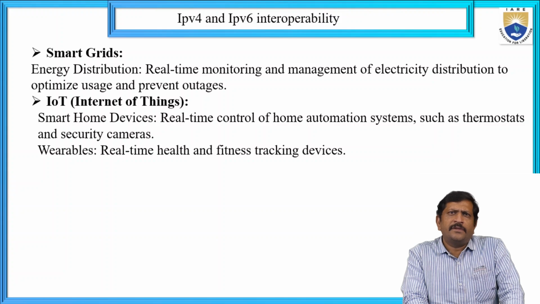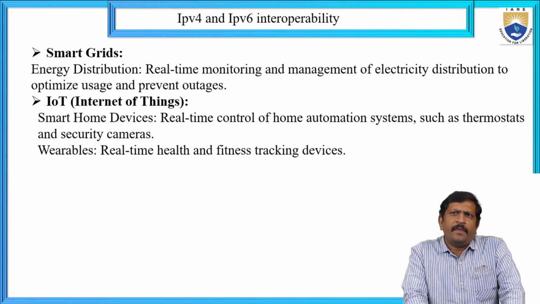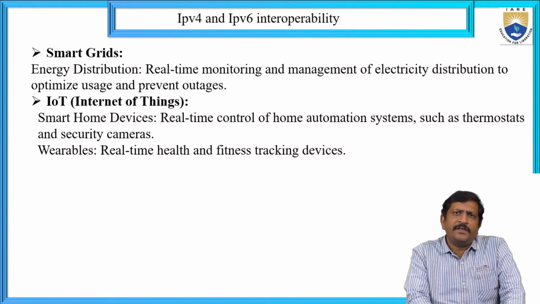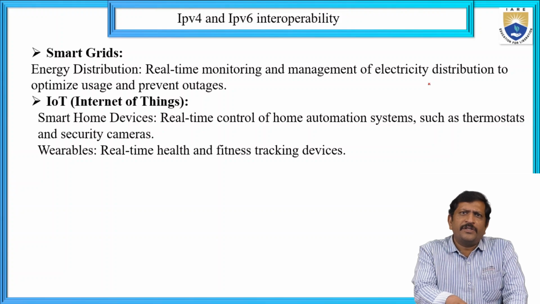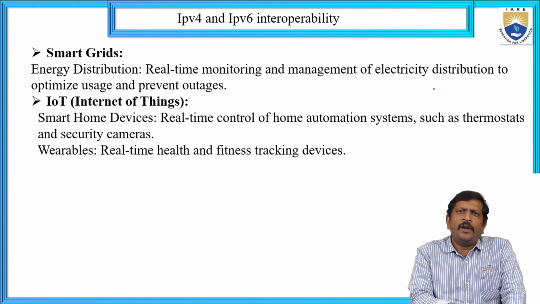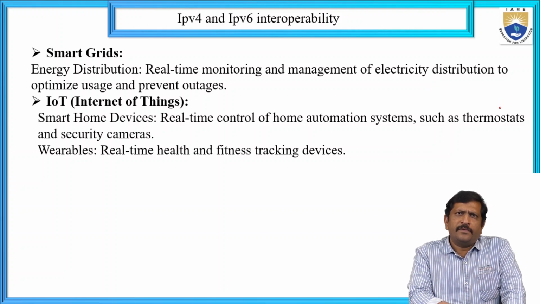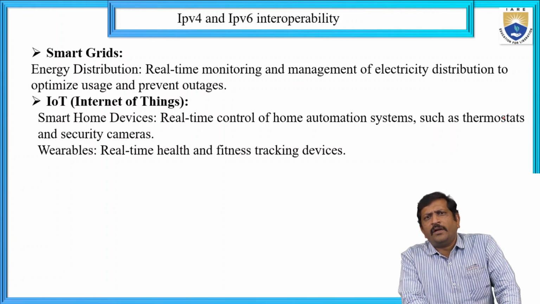That means in an electricity department, we can monitor the energy distribution, how much energy is being distributed to domestic or commercial users. So now we can monitor and identify. So that is smart grids.